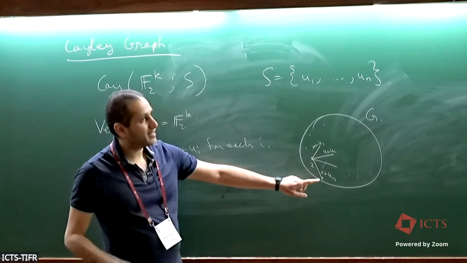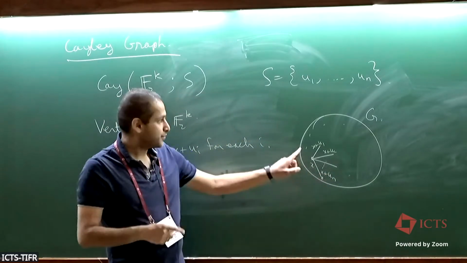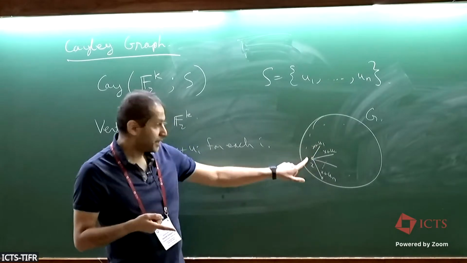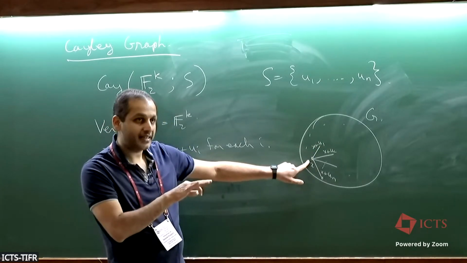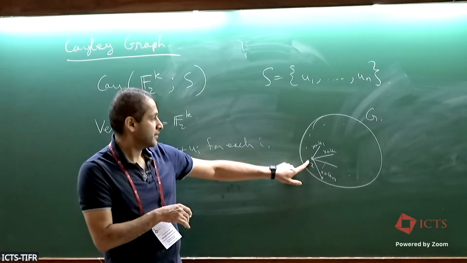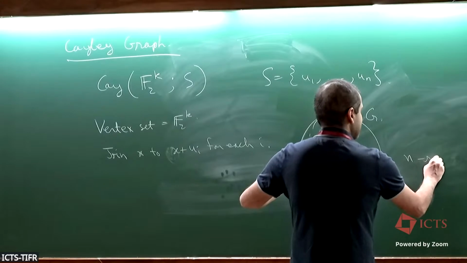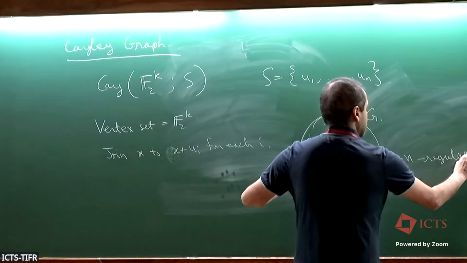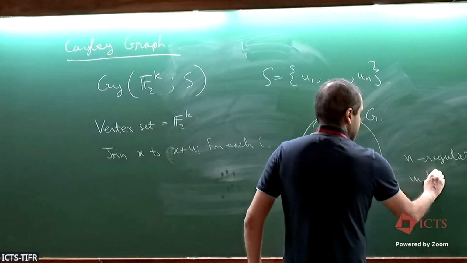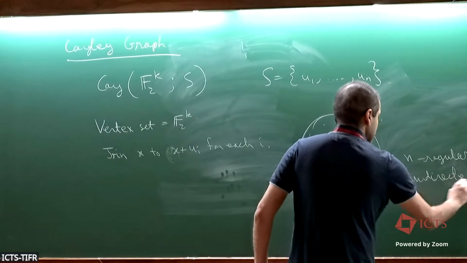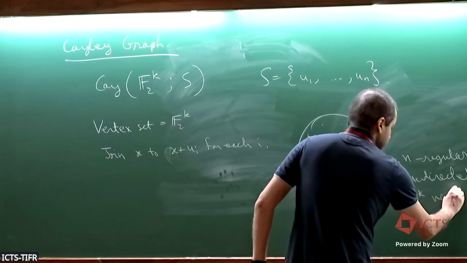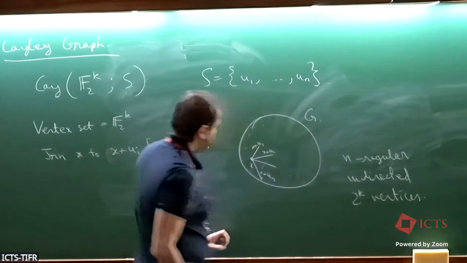And since u1 plus u1 is 0, if you go to that vertex and add u1 to it, you get back here. This is an undirected graph. It is n regular, undirected, with 2 to the k vertices. Do we understand the graph?